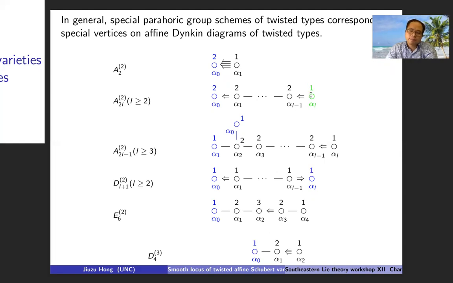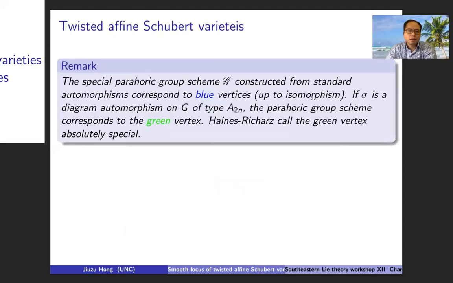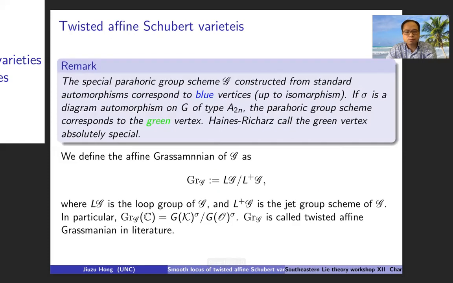For this green one, one can get it by taking the diagonal automorphism in the case of type A_2l. For this special one, Haines and Richarz call this vertex absolutely special.